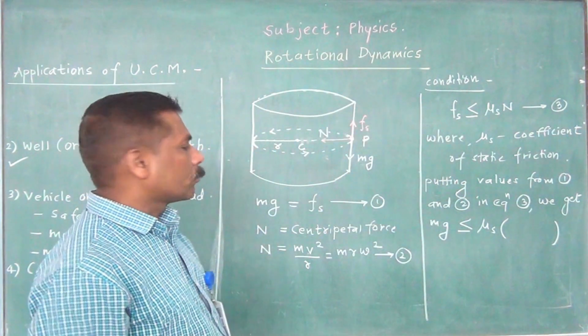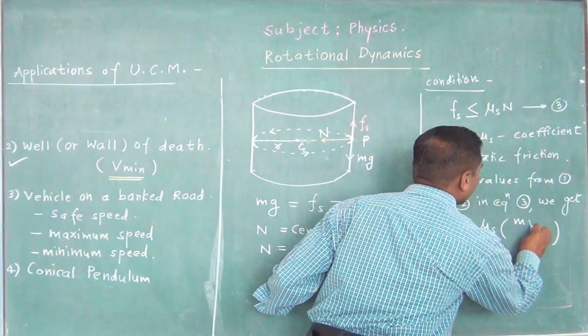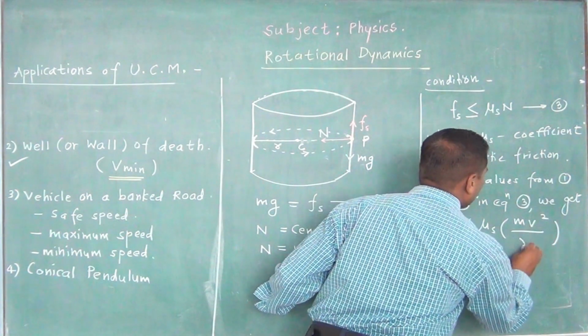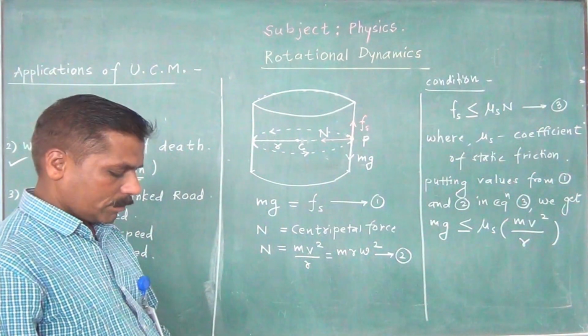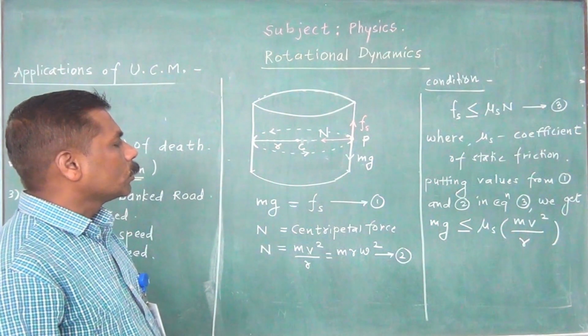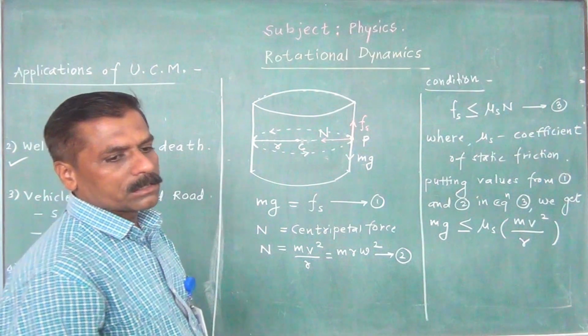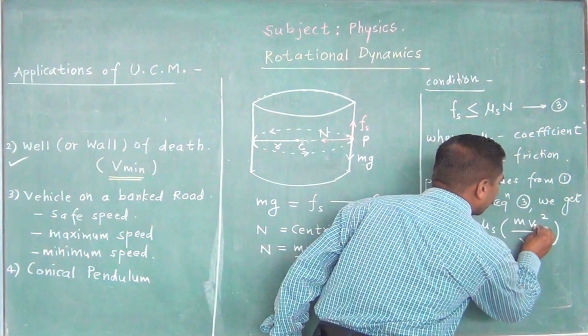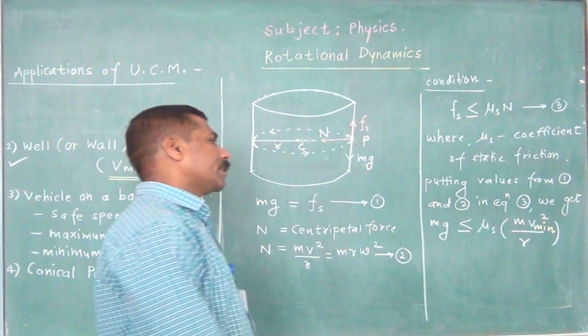Now we are interested in finding the value of velocity, so we can put N as mv square upon r. Here you can also mention that we are going to use the condition of the minimum velocity, so we write V minimum.